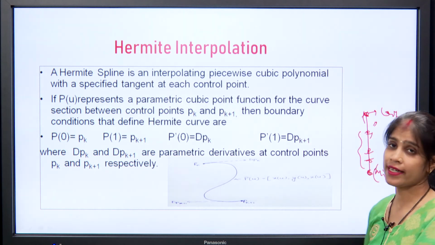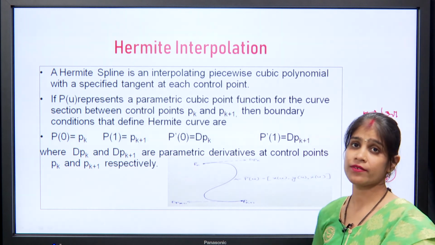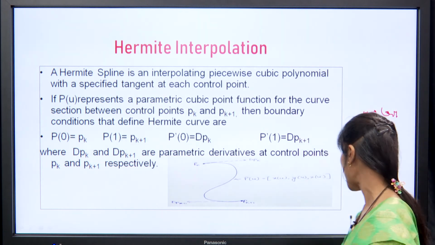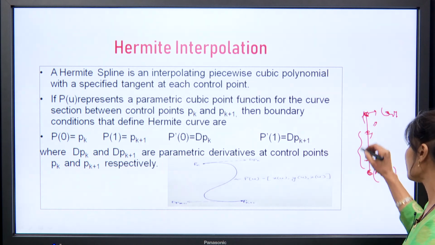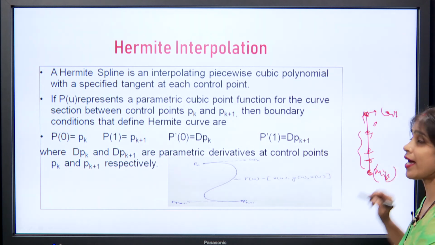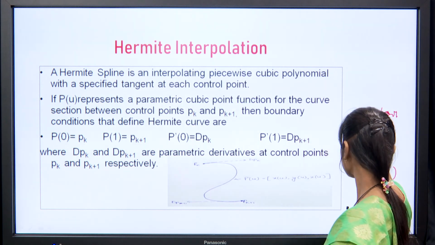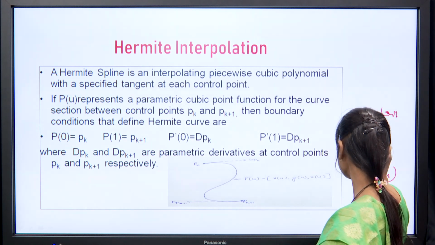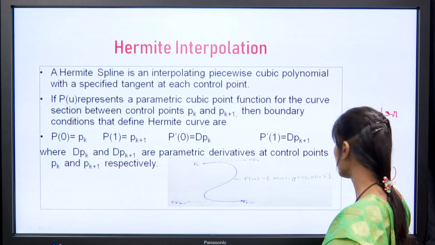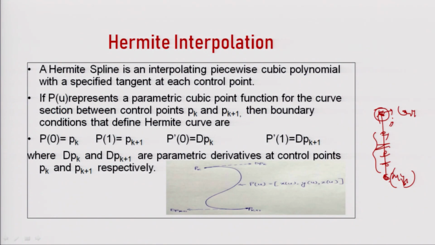Then this is called interpolation. When we find some unknown value between two known values, that is called interpolation.